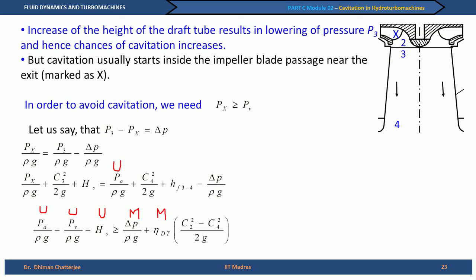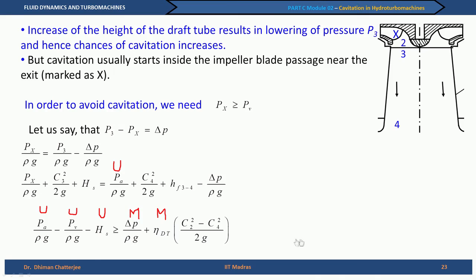Does it not appear very similar to what we have discussed earlier, that NPSH available is greater than or equal to NPSH required? You recollect that NPSH available is what a user knows, what is available in the system, and NPSH required is what the designer or manufacturer knows and is not known to the user.